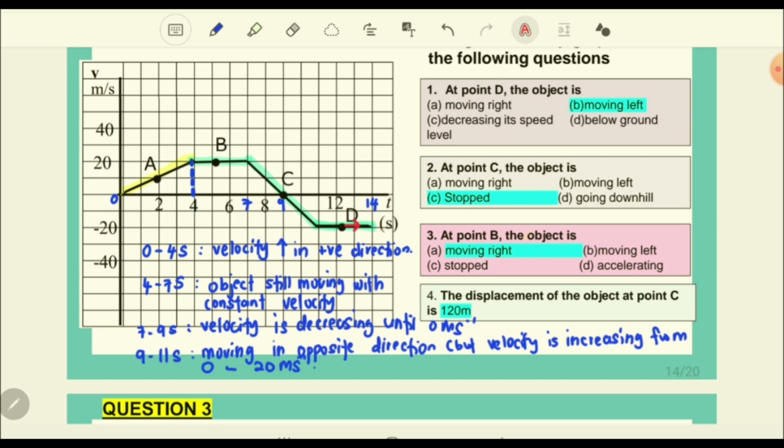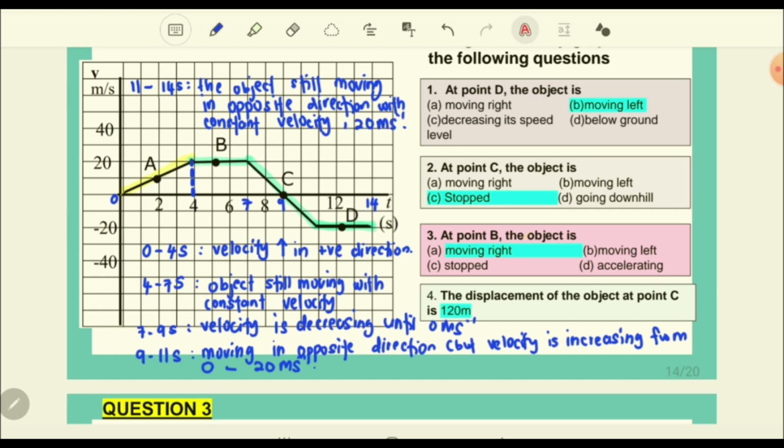It's still moving in the opposite direction, but this time with constant velocity of 20 meter per second.